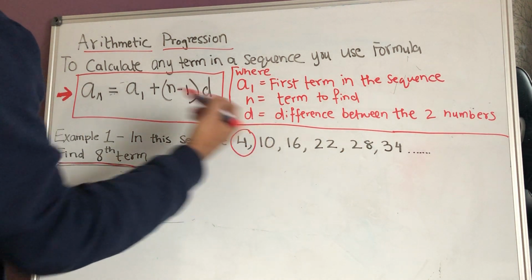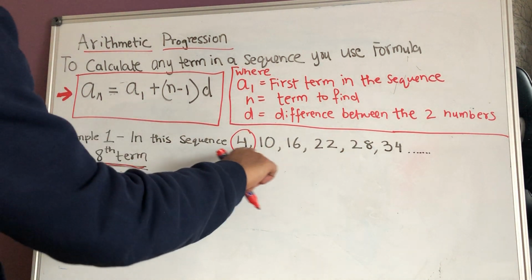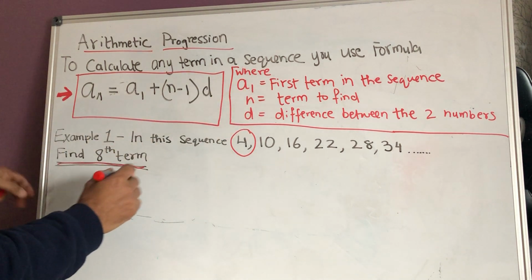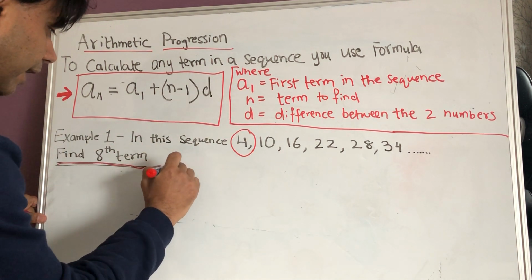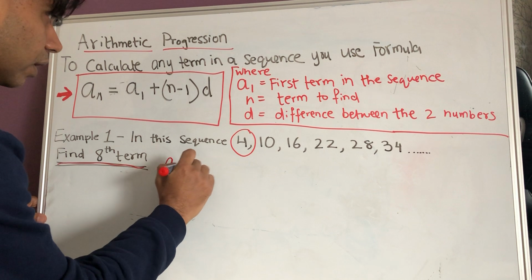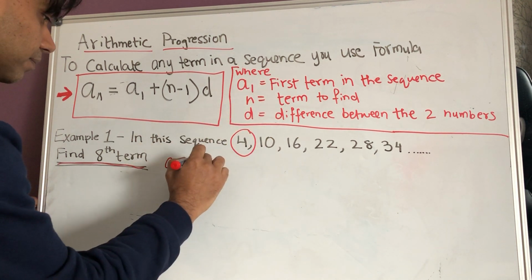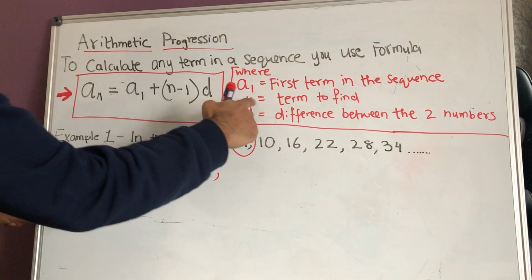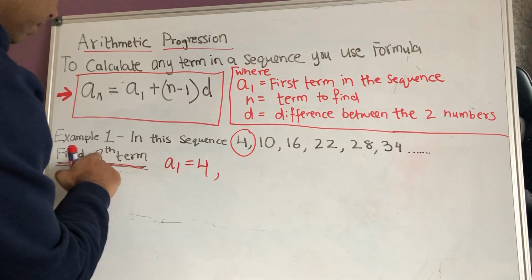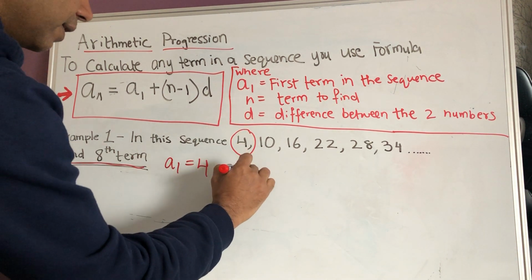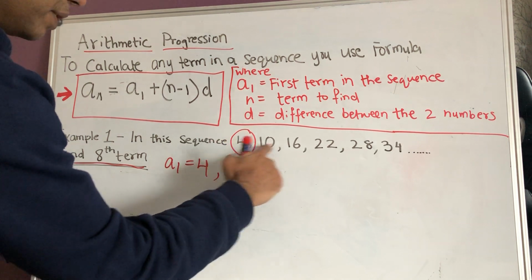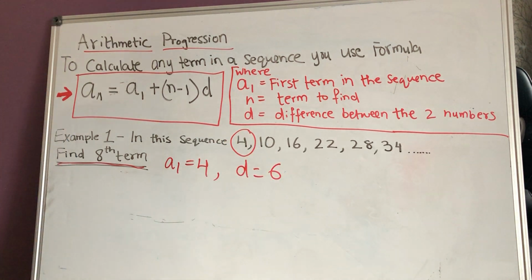So d is our difference between these numbers. In this instance, we have a1 equal to 4, n is going to be the 8th term, and d, the difference between the two numbers, is 6. Is that clear?